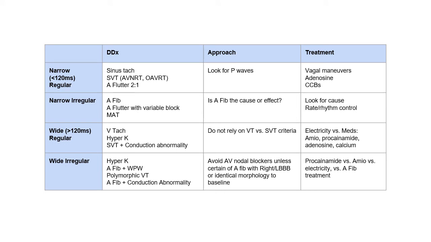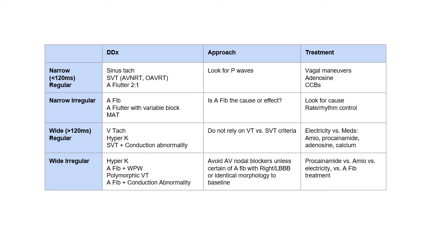So here's an approach to narrow versus wide, and irregular versus regular. Narrow, regular tachycardia: we're saying our QRS is less than 120. Our narrow, regular tachycardias are going to be sinus tach, SVT, or atrial flutter.